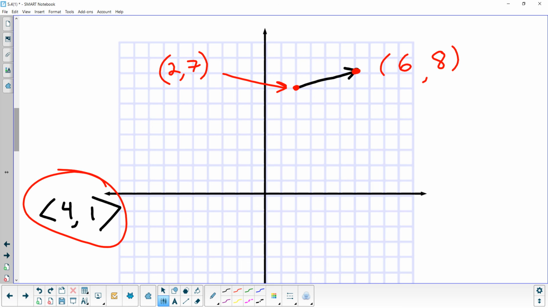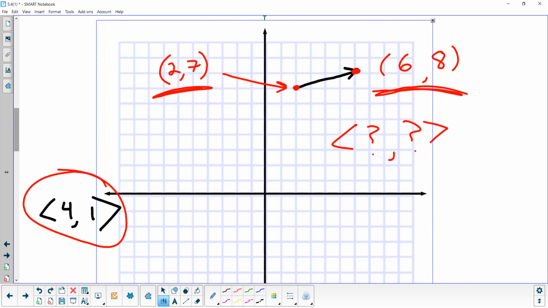Now, if you look at these 2 coordinates, and let's say that that's all the information I gave you, and I wanted you to turn that into a vector. We already know what the answer should be. It's the vector 4, 1. But does anybody see what you could do with those 2 coordinates, and it would give you the vector 4, 1?